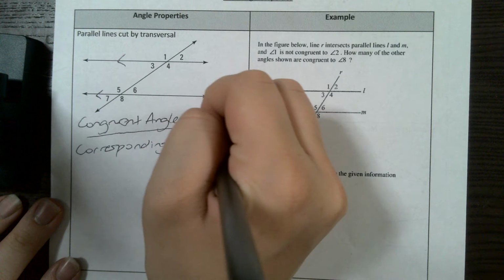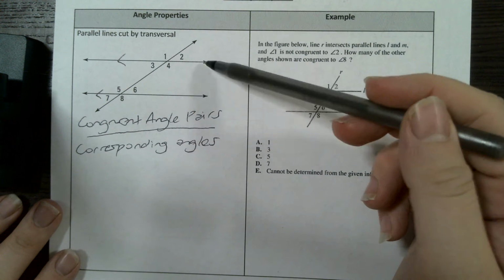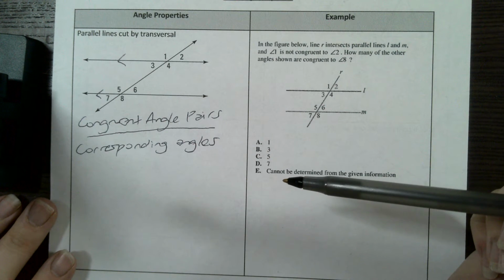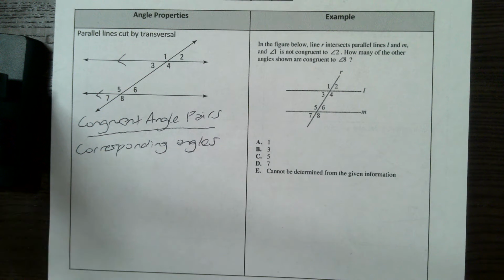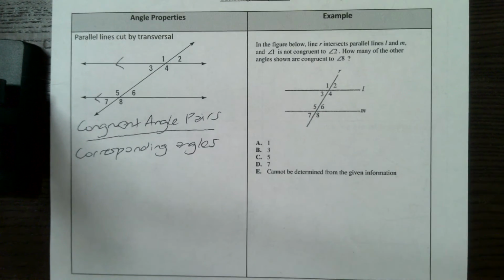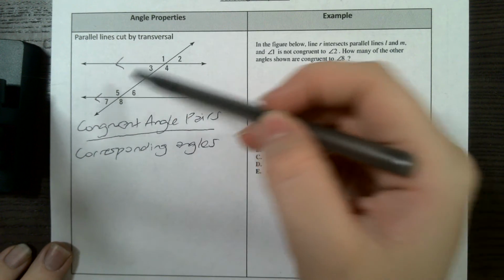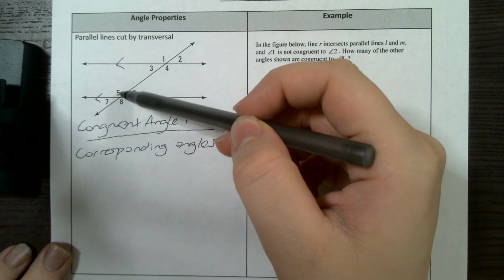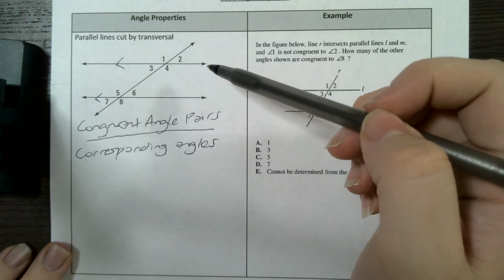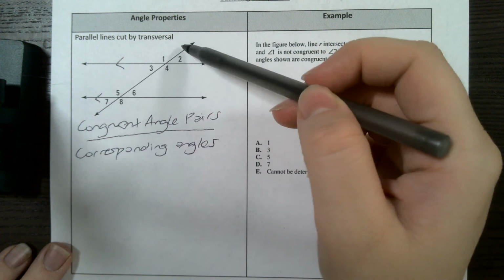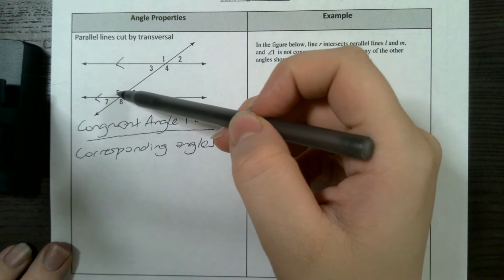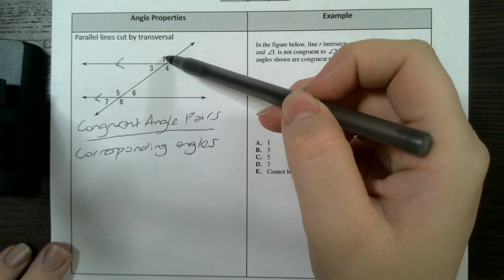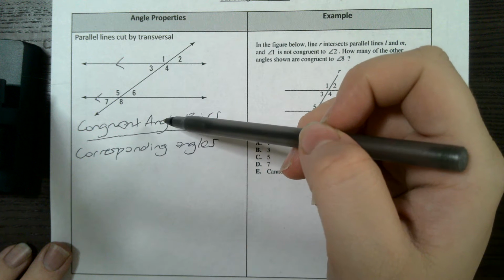So if we take a look at our parallel lines cut by a transversal here, where can we find our corresponding angles? Those are going to be found right here. 5 and 1 is one example, angle 5 and angle 1. If we look at where this transversal is cutting these parallel lines, angle 5 and angle 1 are both at the same position, right?